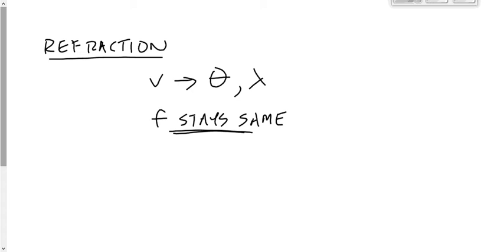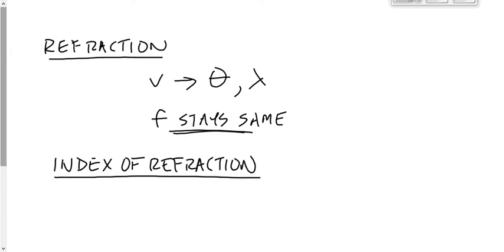We defined a term yesterday that kind of extended this definition of refraction. That term was the index of refraction. Sometimes you might hear it called the refractive index, or if you go to your eye doctor they might just call it the index. You have high index lenses or lower index lenses.